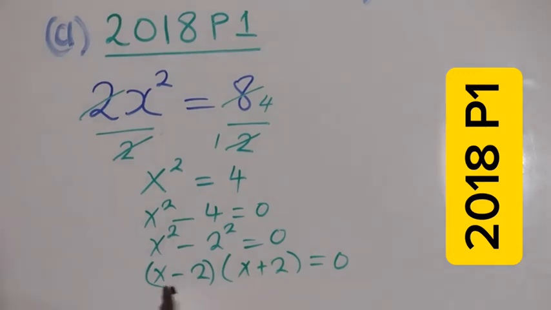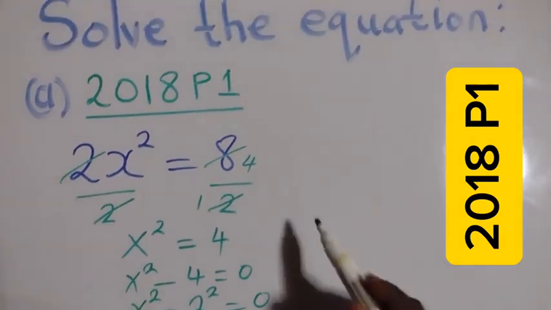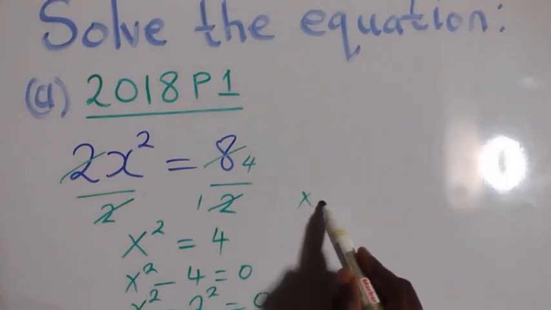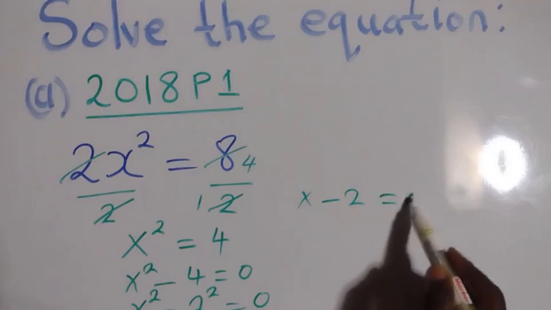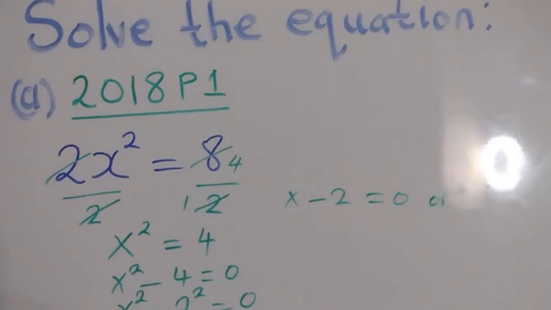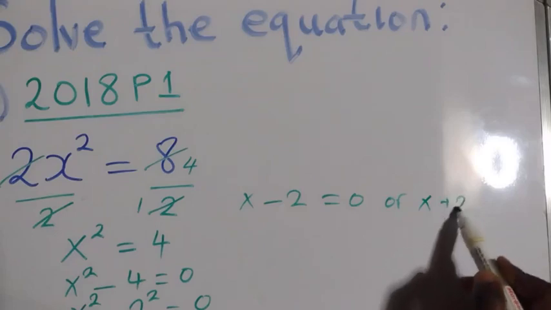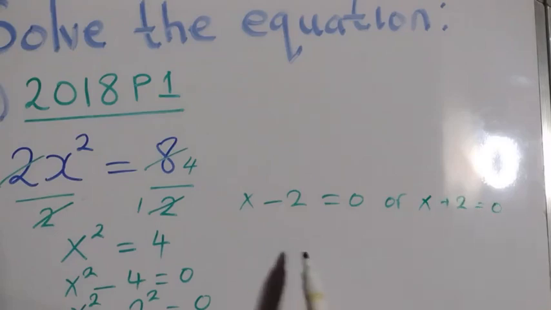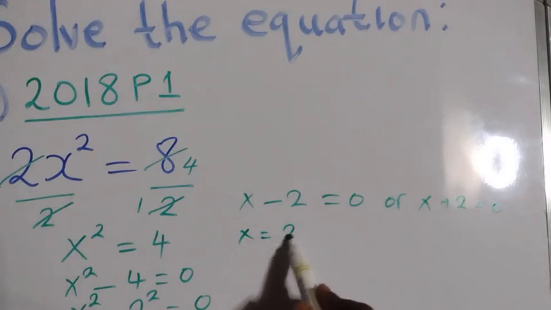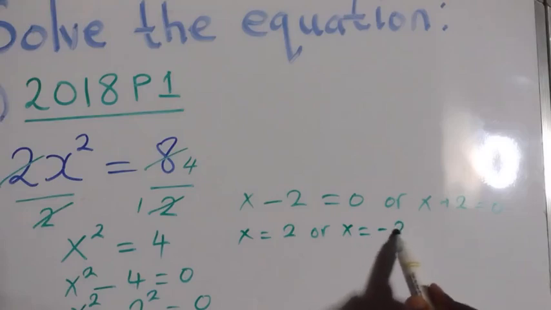We are just going to equate x minus 2 equal to 0 or x plus 2 equal to 0. So x is equal to 2 or x is equal to negative 2.